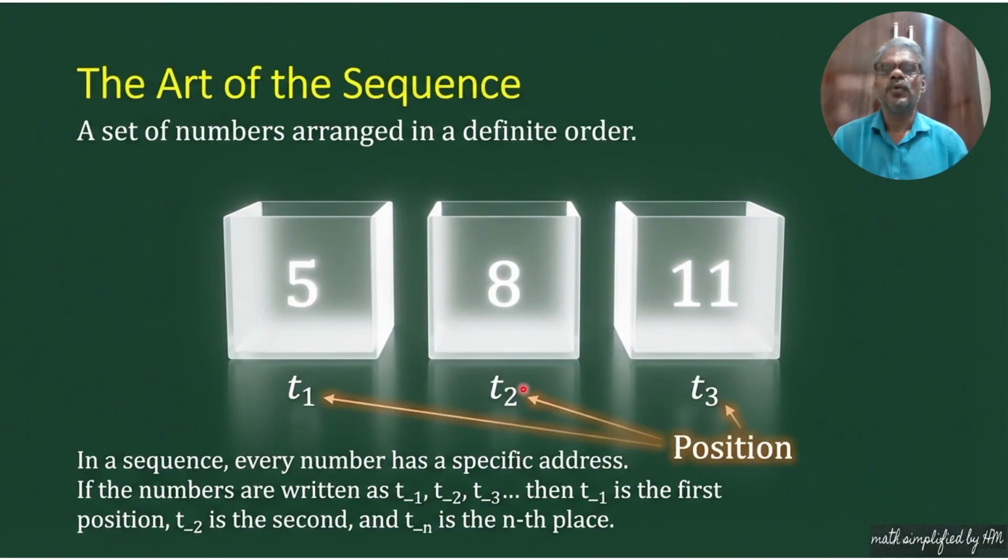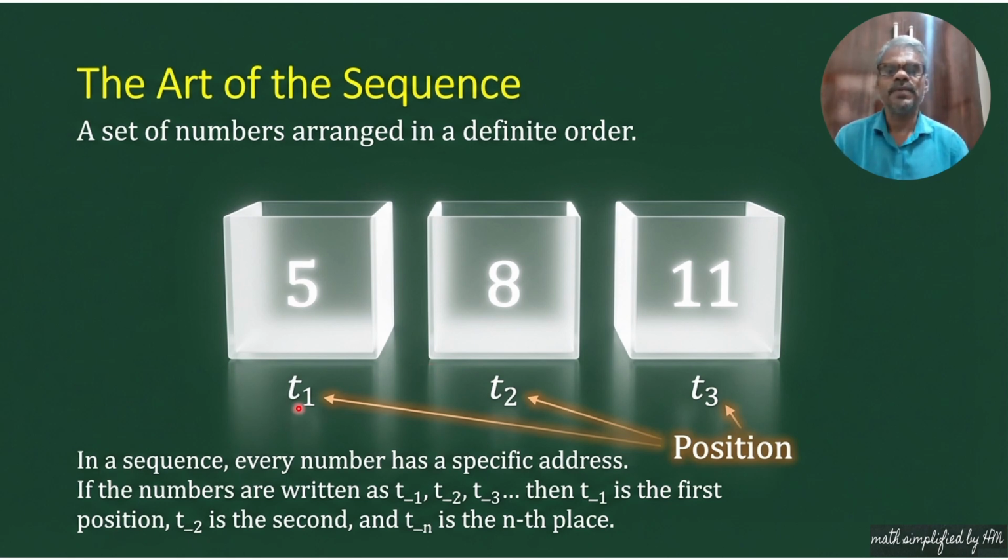Now, if you look at the board, you will see that mathematics is woven with beautiful, predictable patterns. Just like every house has an address in a sequence, every number has a specific home or position.